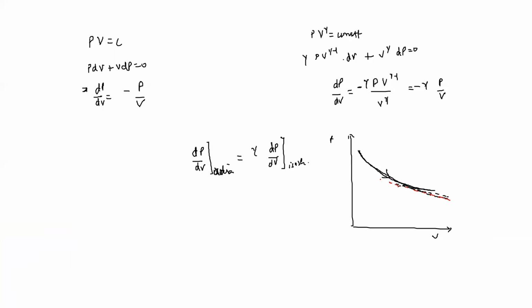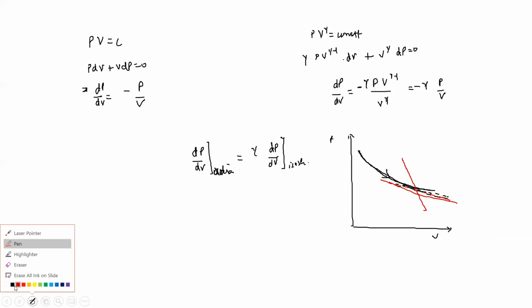Now, the slope of an adiabat is gamma times the slope of this. So the slope is going to be something like this. From here, you can get that the adiabat is going to be something like this.